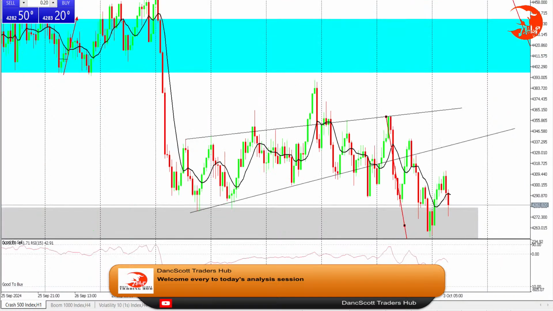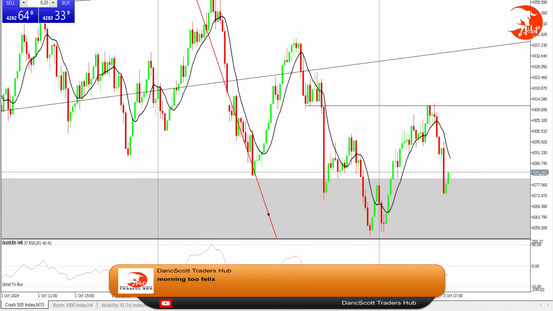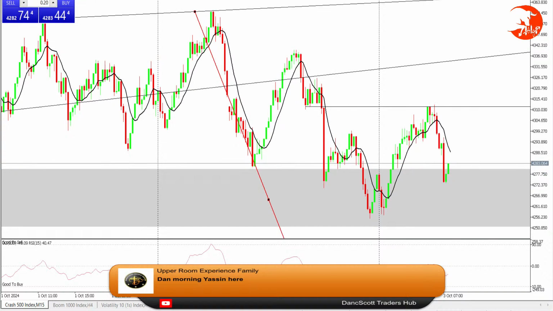So according to H1, let's look at that. It was a return to this order block. Is it significant? Let's see. What do we have on M15? M15, that's sort of a higher high. Failed to make a new low down below here.